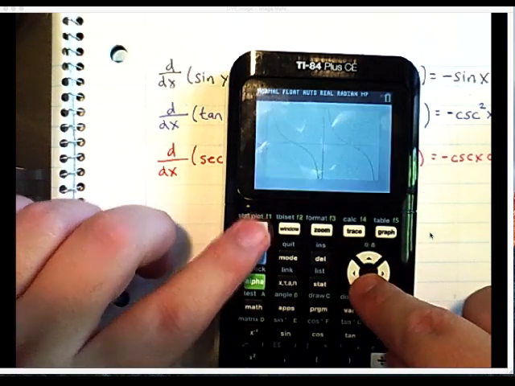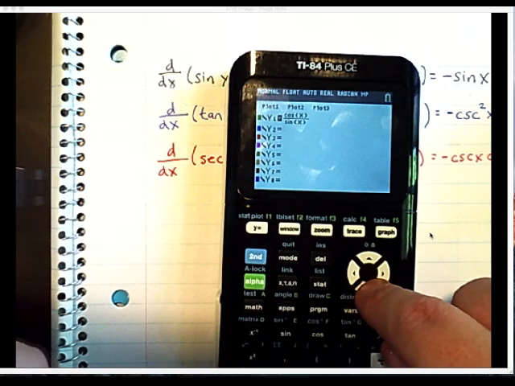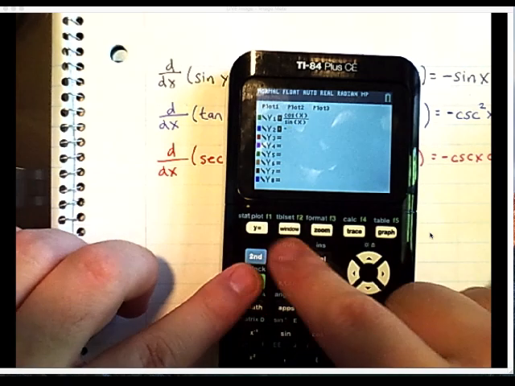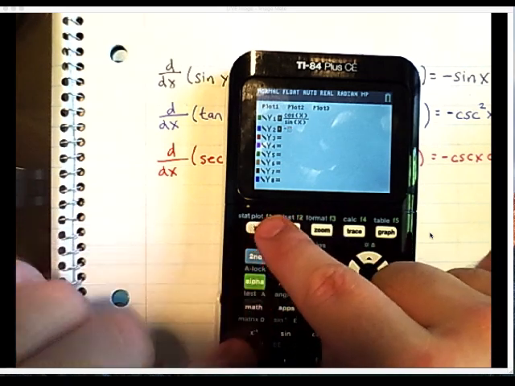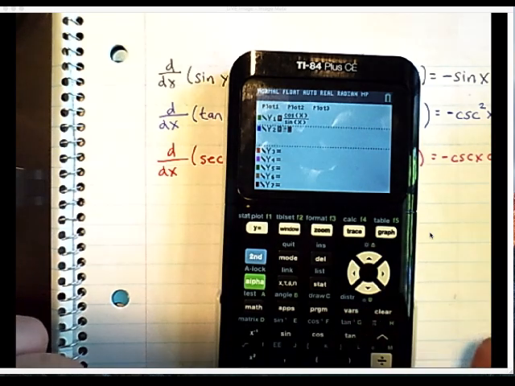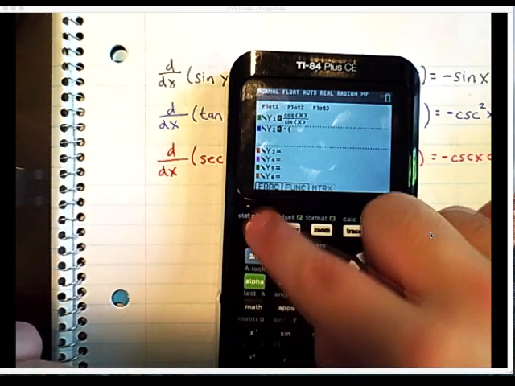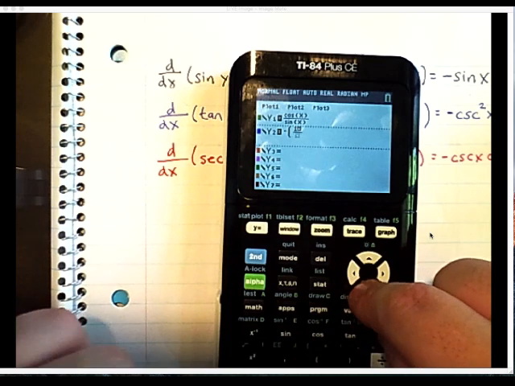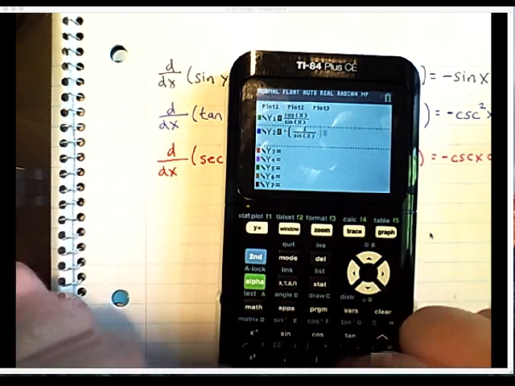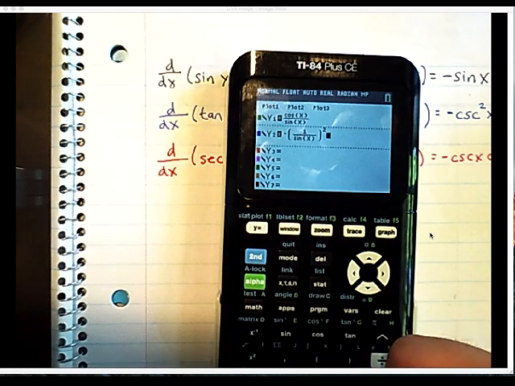So if I type in negative cosecant squared, here's how I would have to do it. There's no cosecant button, but cosecant is 1 over sine. So that's how I would have to type in negative cosecant squared.